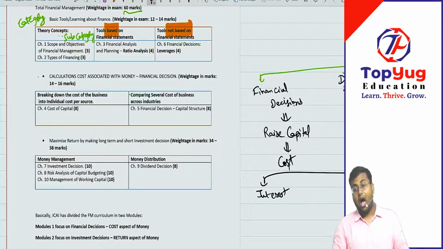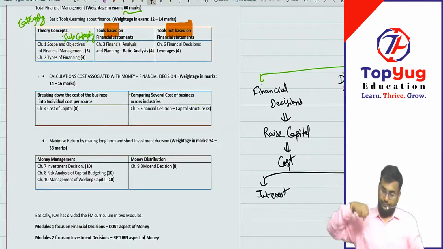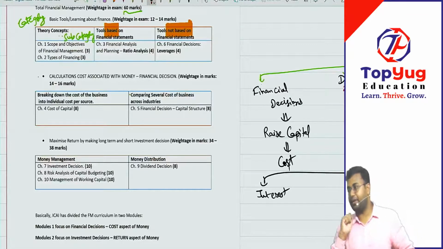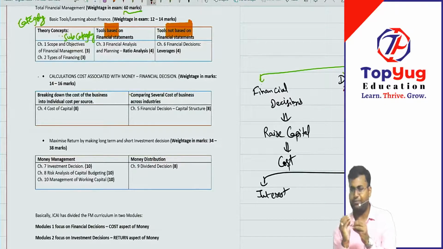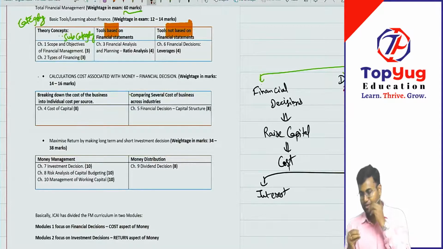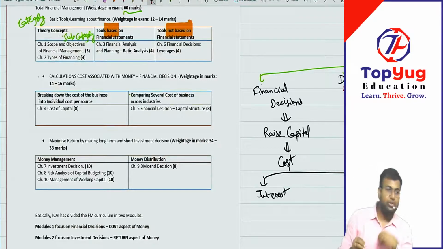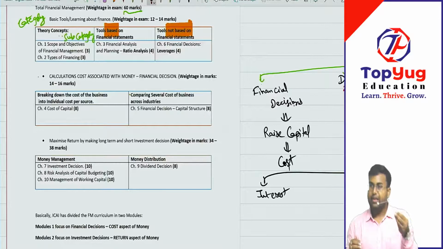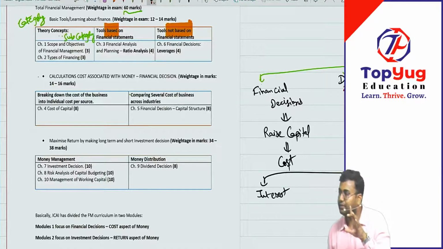Second one, how do you compare the different costs and make a mix? Is a mix required? Obviously, I am just giving a small brief which will not tingle you much. Do you think a business should have only owner's capital, not outsiders' capital? Do you say yes?